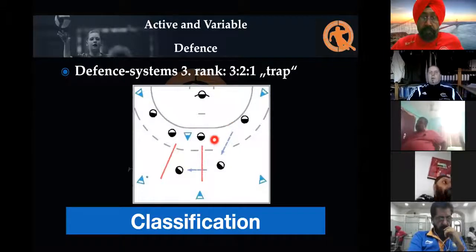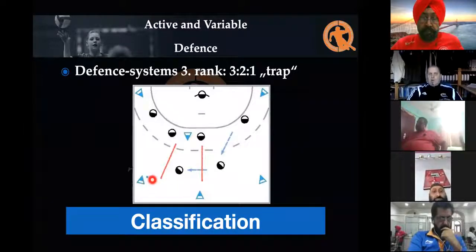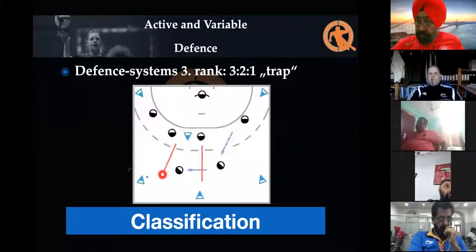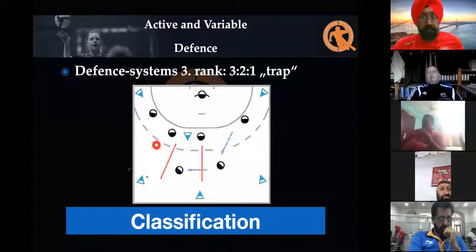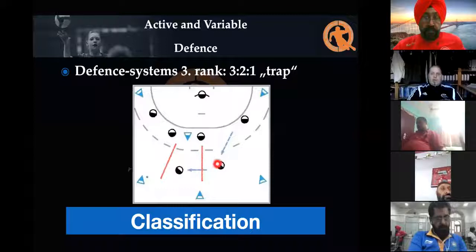Now, in that way, it's really difficult for the left back to solve that situation. Inside move is not possible because the point defender is here. Straight move, shooting, not so nice. Running in from center back position might be possible, but immediately this can be covered by the half defender from the other side.